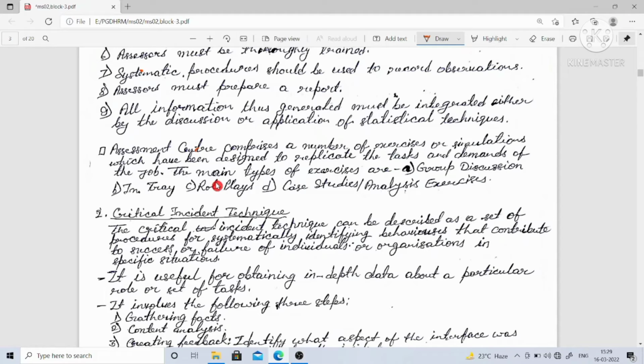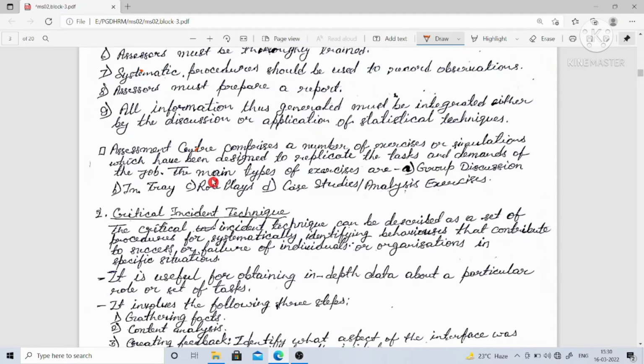Whatever tasks and demands of the job are there, those things are going to be replicated in simulations and different exercises.